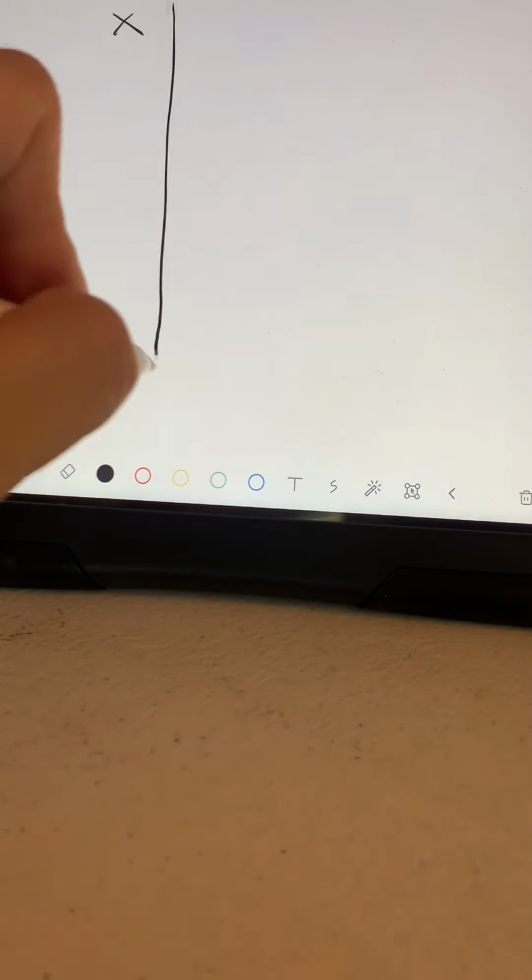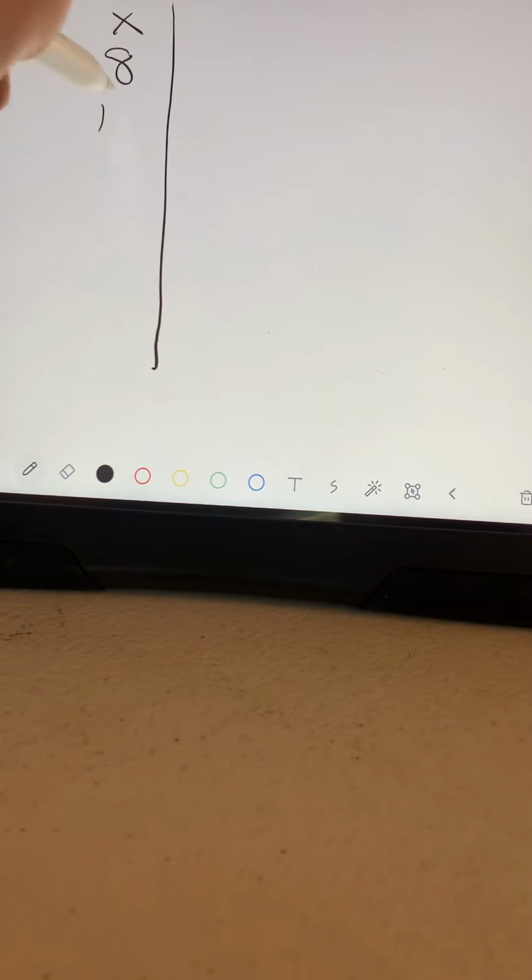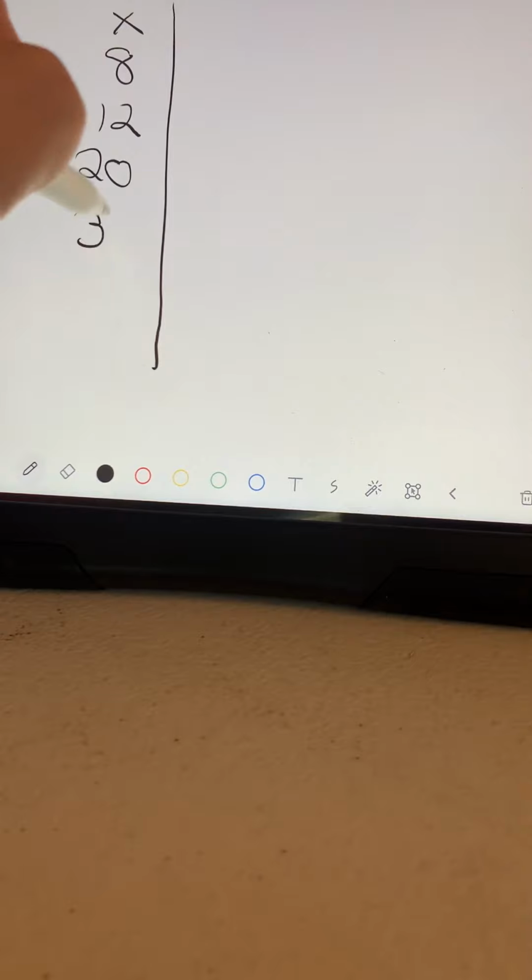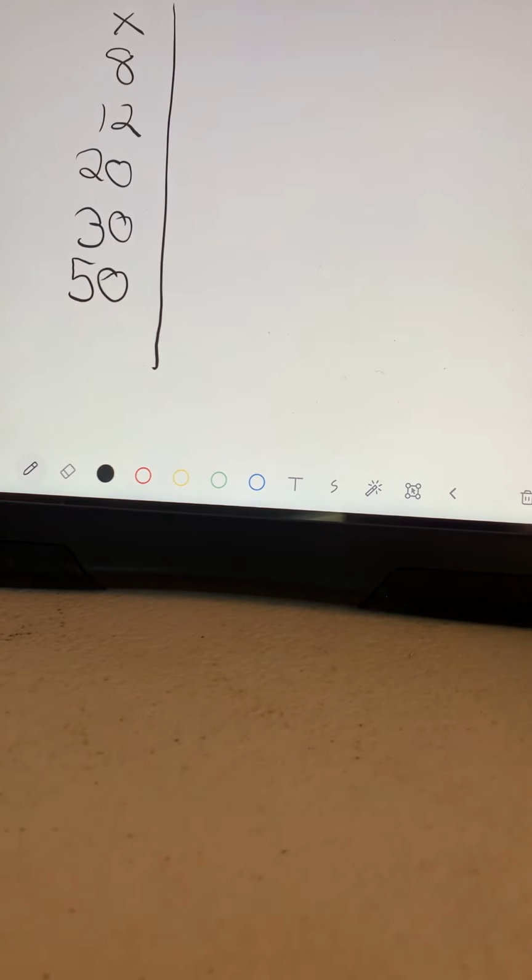What is the constant of proportionality that relates Y, the total cost in dollars, to X, the number of tickets purchased? So my X here is 8, 12, 20, 30, 50.